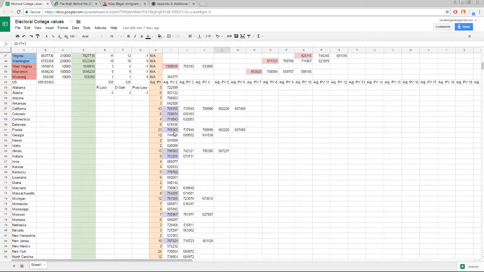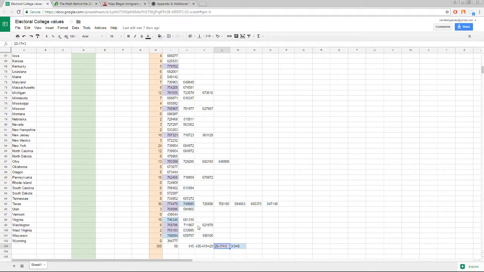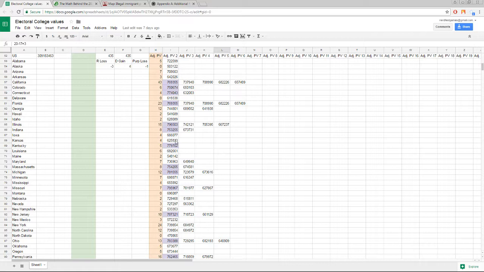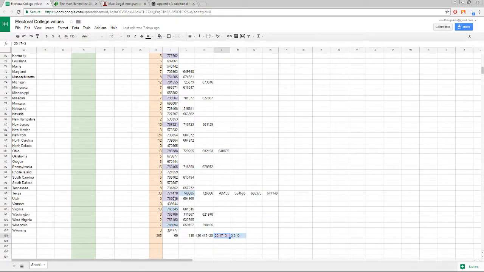I took all the priority values, listed them down, and then I colored in any seat that was above 750,000. And that's what all these purple are. And that gave me 17 more seats. I needed 3 more. I colored in all of the light blue are above 740,000.